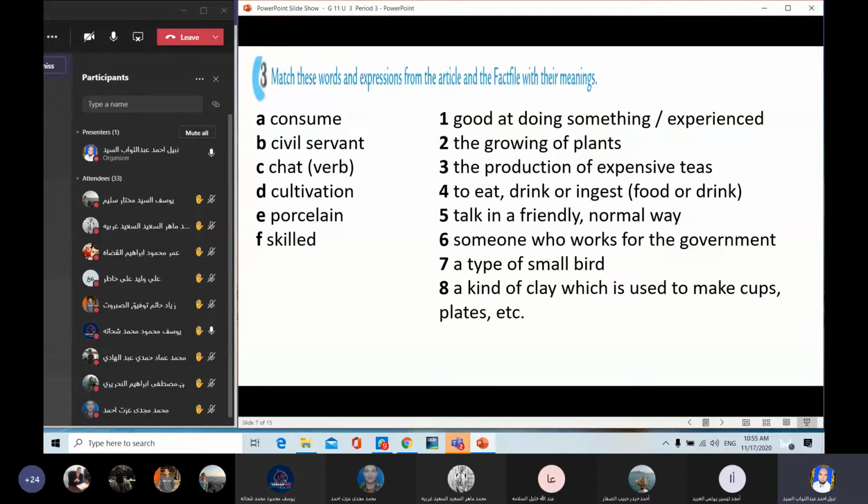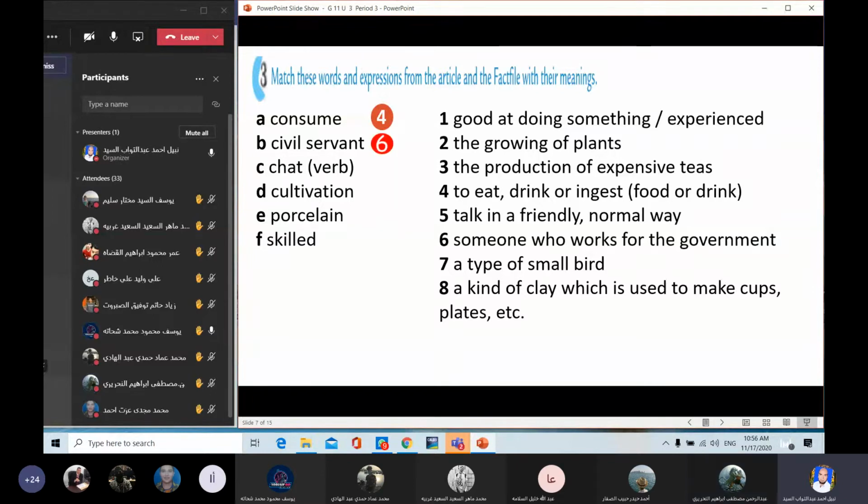Muhammad Ahmad, consume, what does it mean? Number 4, to eat, drink, or ingest. Ingest. Yes, very good. Food or drink. Good. Abdurrahman Mustafa, civil servant. Someone who works for the government.